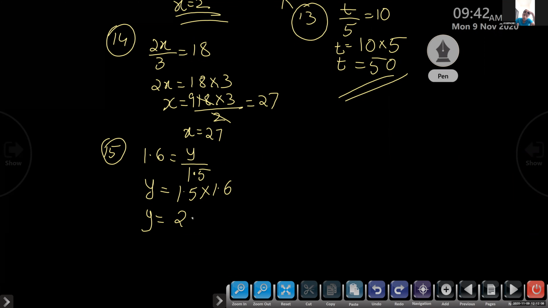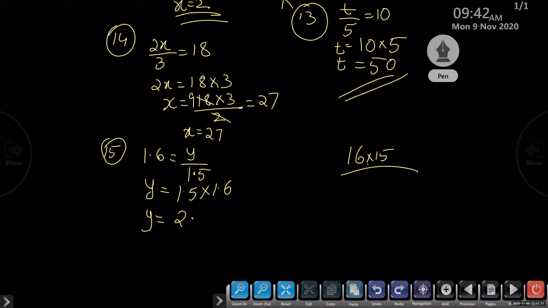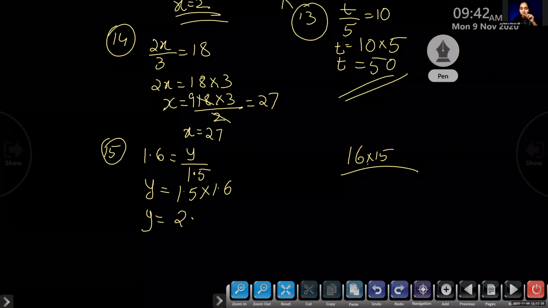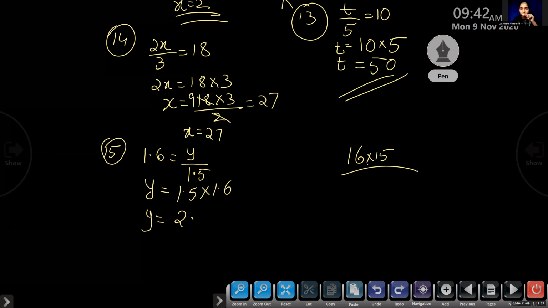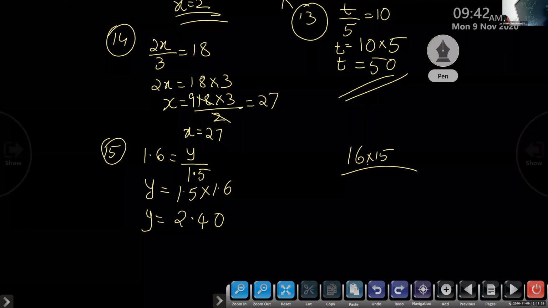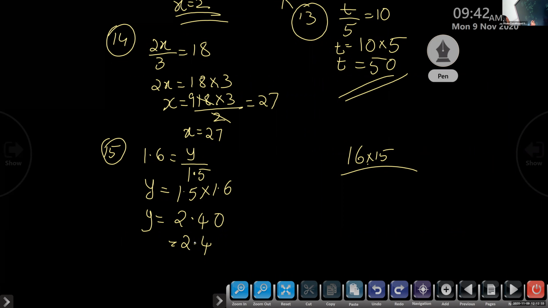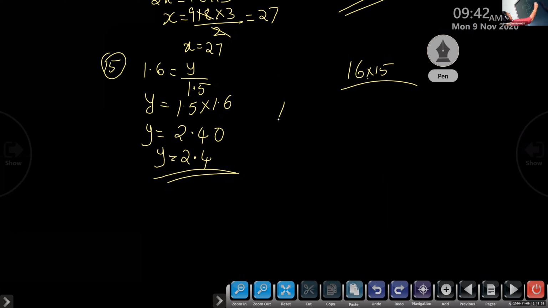First you multiply 16 into 15. After that we will put the decimal point, 2 decimal places. 2.40. That is 2.4, since after the point there is no value for that 0. So y equal to 2.4, or 2.40.